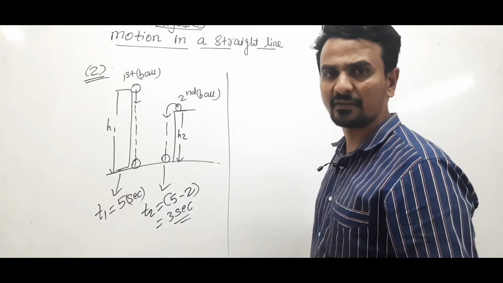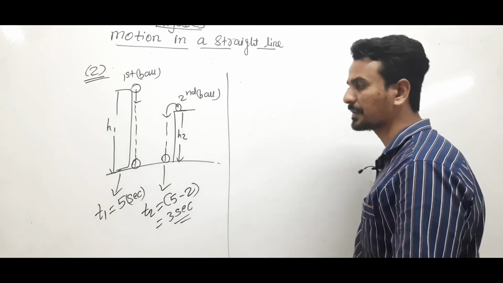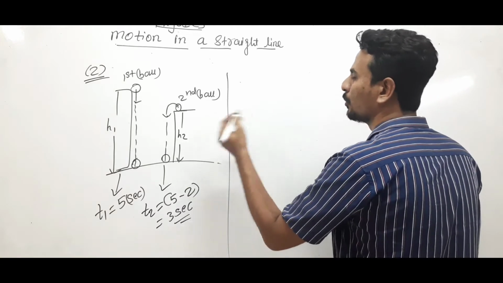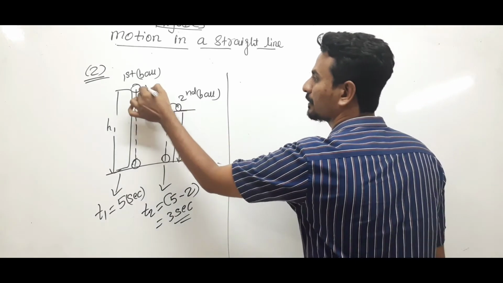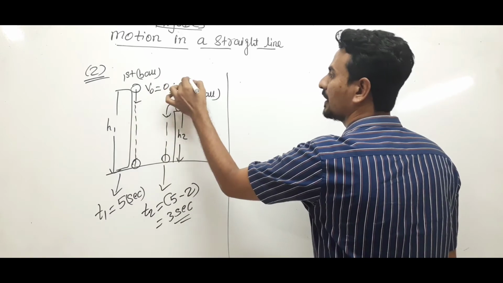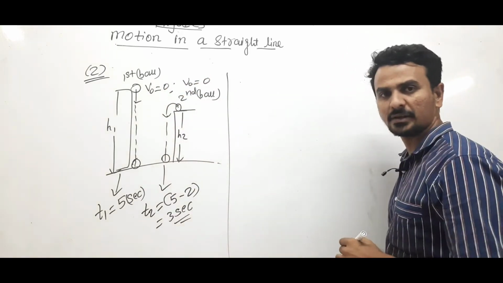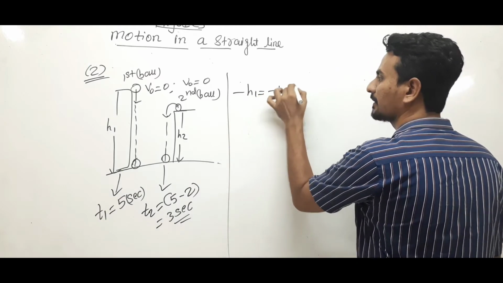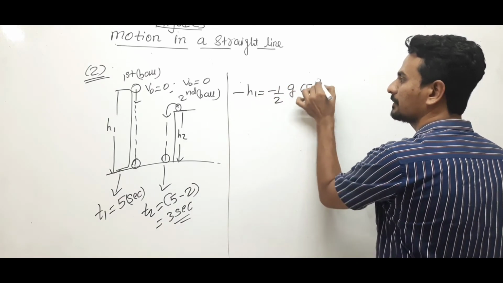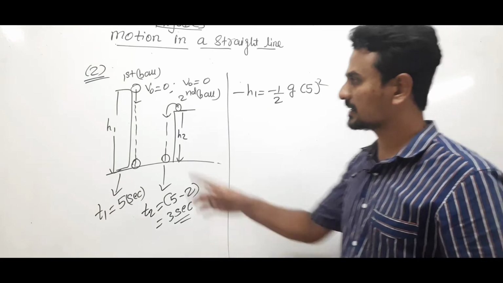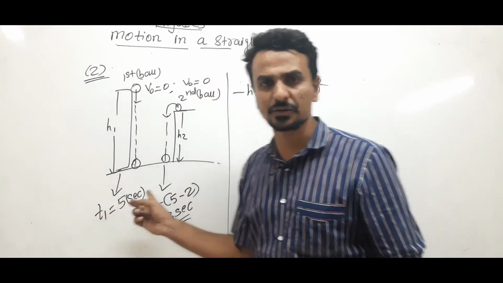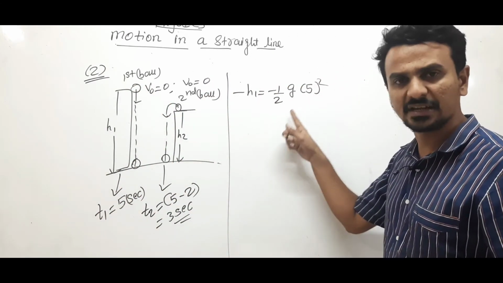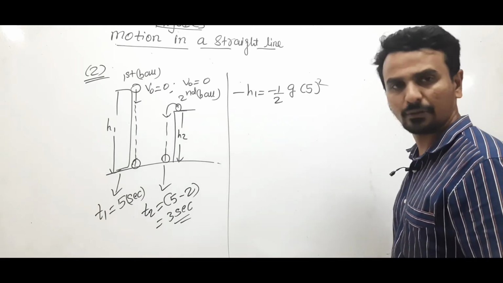h in a way represents displacement. Both are allowed to fall freely, so both will have zero initial velocity. So minus h1 equals minus half g t square, with t equal to 5. Since this is in the downward direction, displacement will be negative. g is always taken negative. v0 is 0.